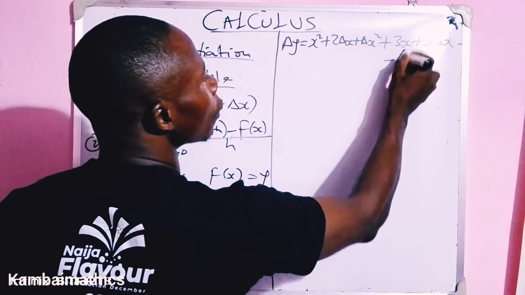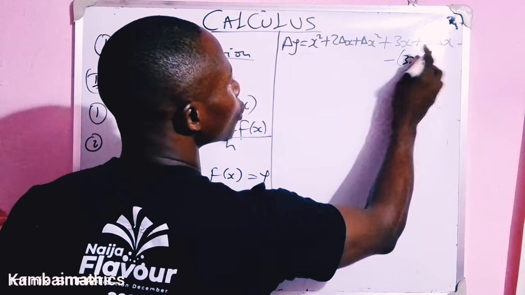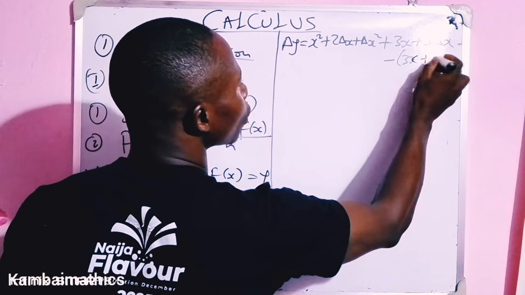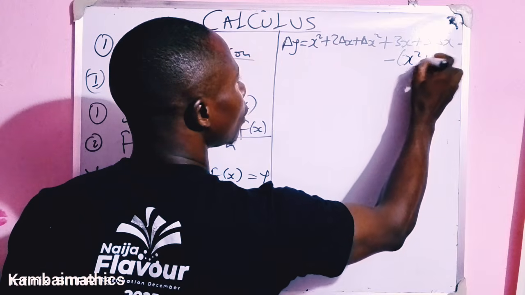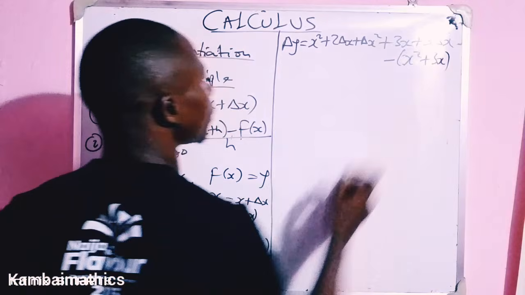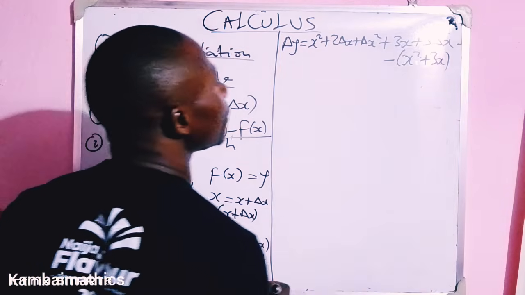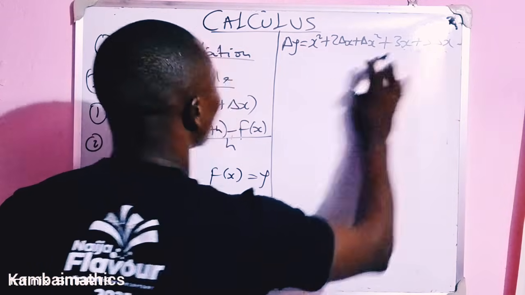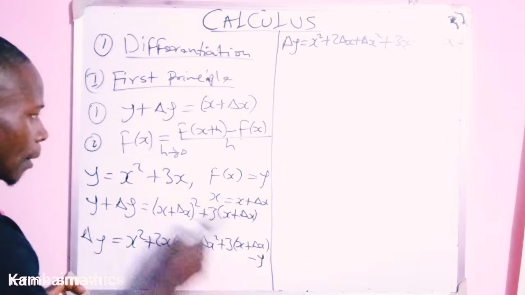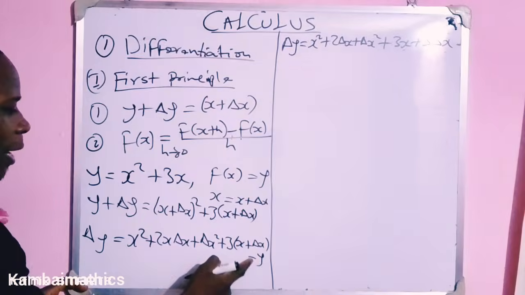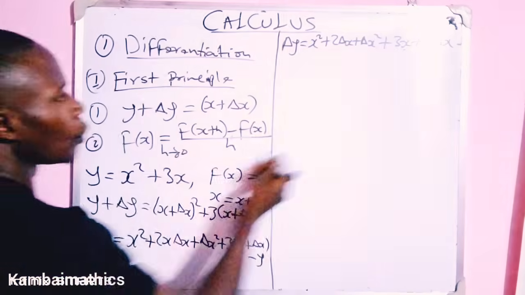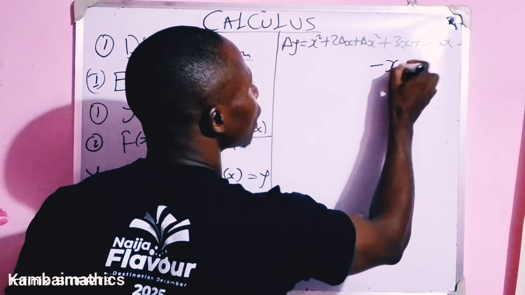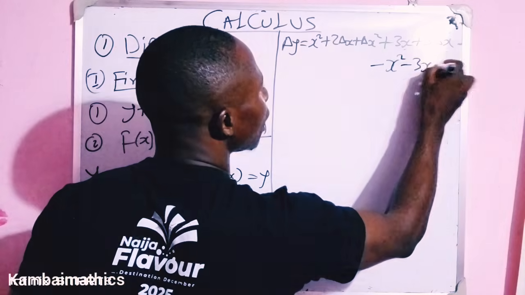So this will give us minus open bracket x squared plus 3x, close the bracket. So by implication, since y is equals to this and is carrying minus, by the time that we multiply all of this, it will give us minus x squared minus 3x.